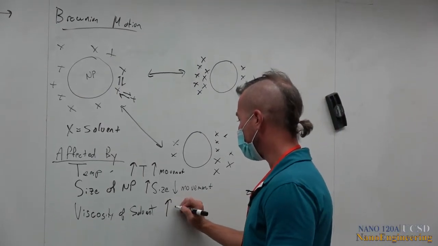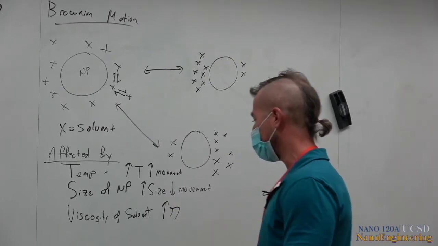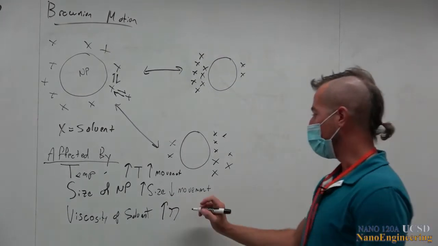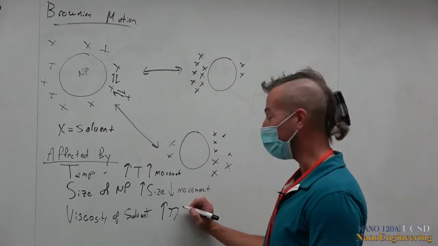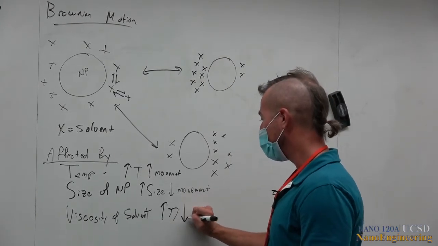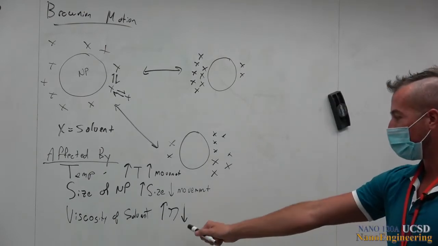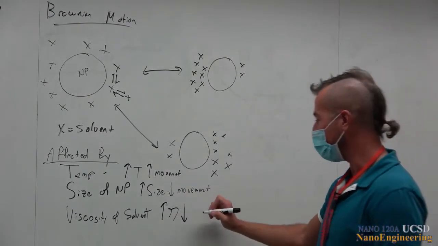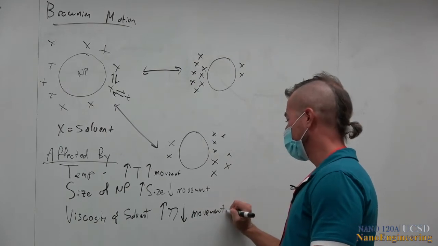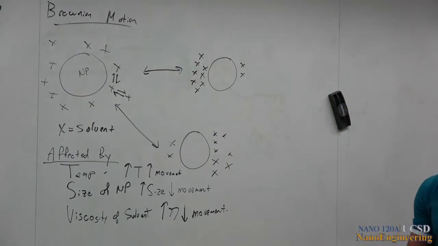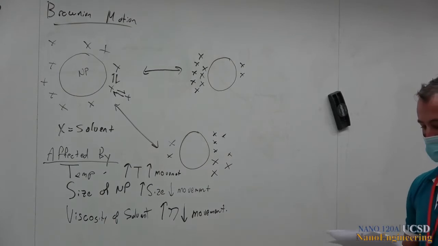Increased viscosity, I think it's usually shown as this symbol, nu, I think that's nu. Haven't said my Greek alphabet in a long time. Increased viscosity, decreased movement of the nanoparticle. Right? Okay.